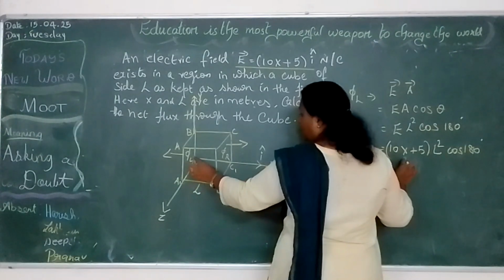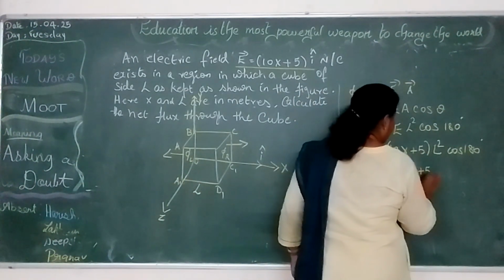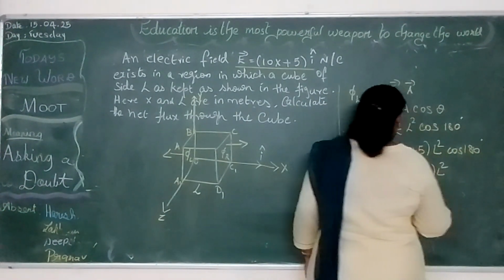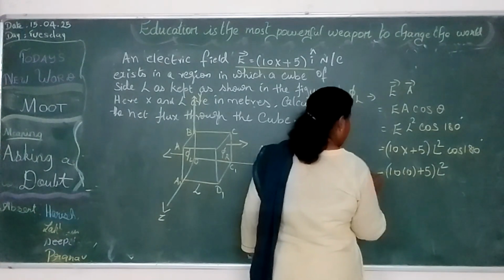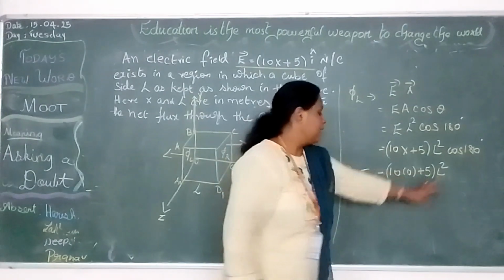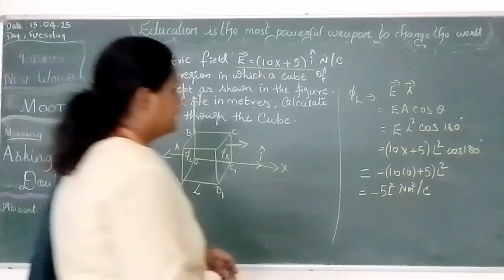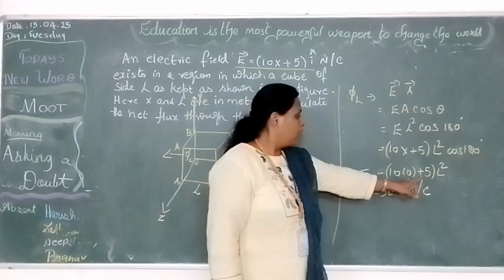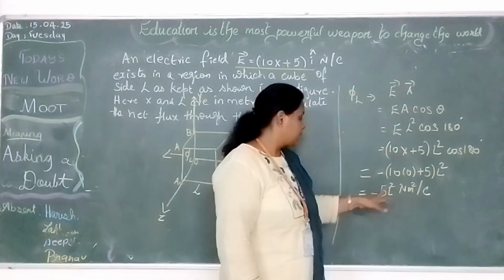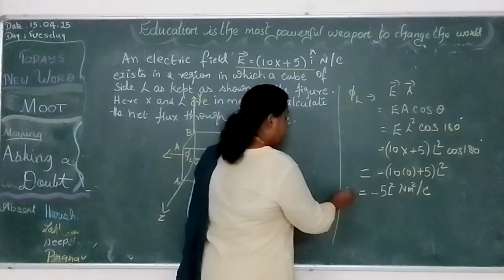The left face is at the origin, where x is 0, so we write (10 into 0 plus 5) into L square into cos 180 degrees, which is minus 1. 10 into 0 becomes 0, 5 into L square is 5L square, and cos 180 degrees is minus 1, so the minus sign comes. So phi L is minus 5L square, the flux for the left hand face.